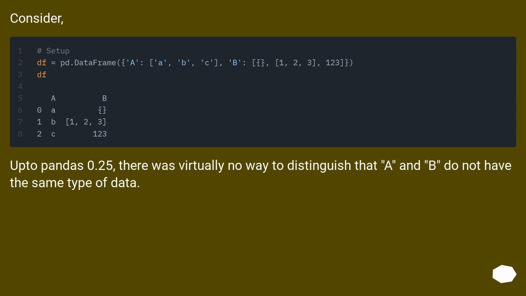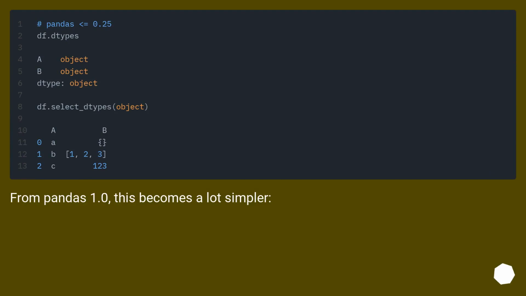Up to Pandas 0.25, there was virtually no way to distinguish that A and B do not have the same type of data. From Pandas 1.0, this becomes a lot simpler.